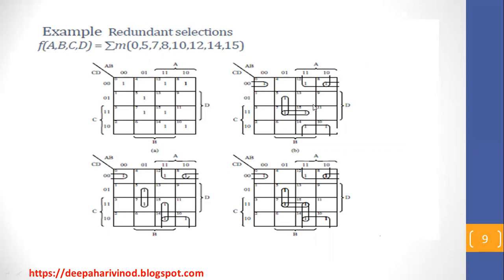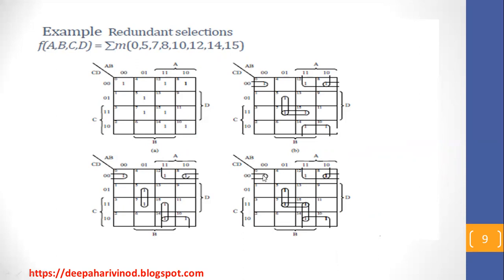See, it is clearly mentioned in this example. We have already chosen this group and this group and this one and this one. If we group this group, we call it a redundant group because both the ones are already included in one or the other group.